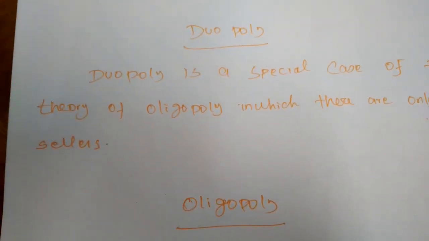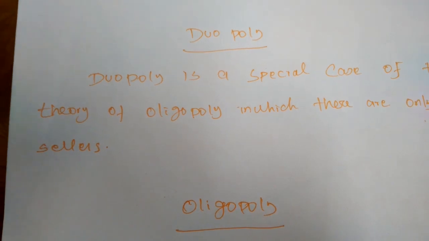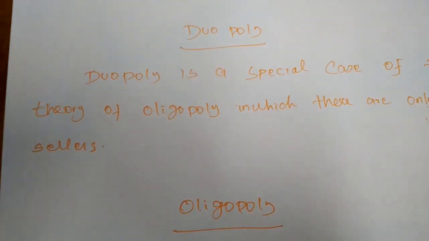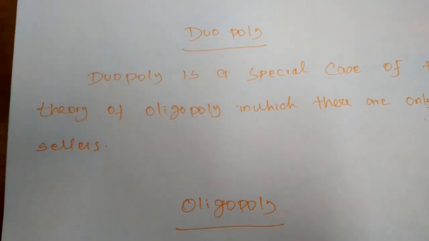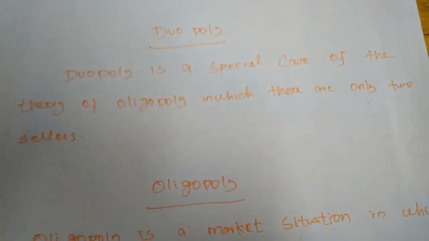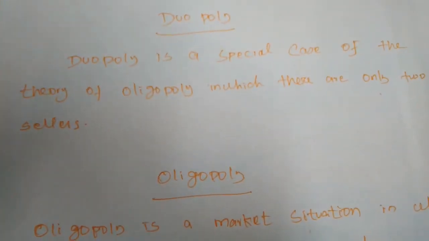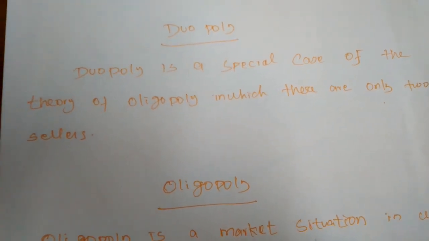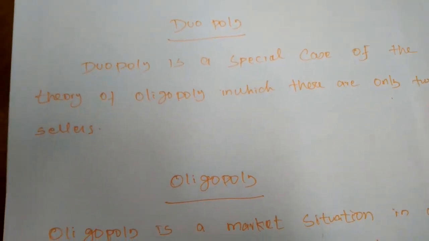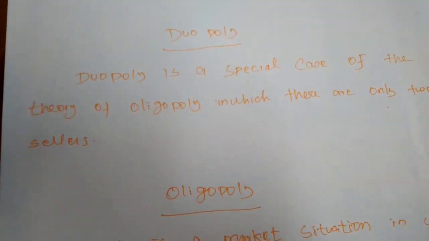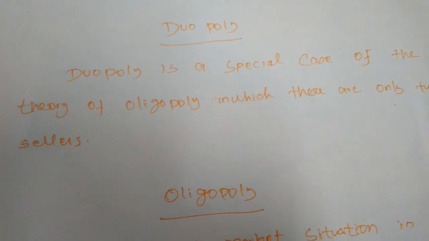A seller may assume that his rival is unaffected by what he does. In that case, he takes only his own direct influence on the price. The 2 sellers have separate power and rights to fix the price, but when fixing the price, they will consider the effect on the other seller.